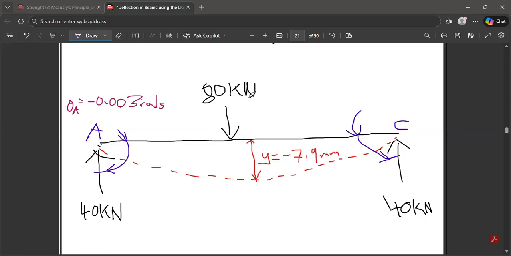And also our slope at C was equal to positive 0.003 rads. So this is a positive sign.